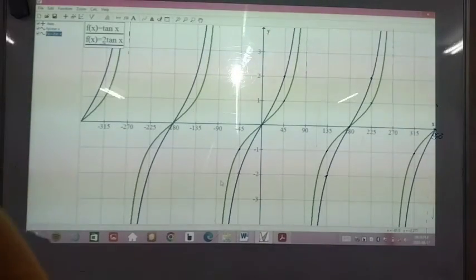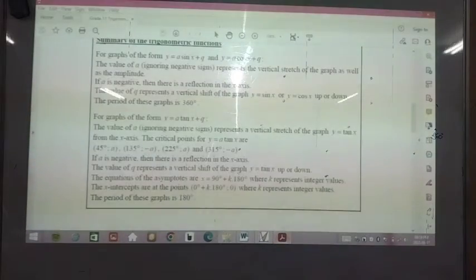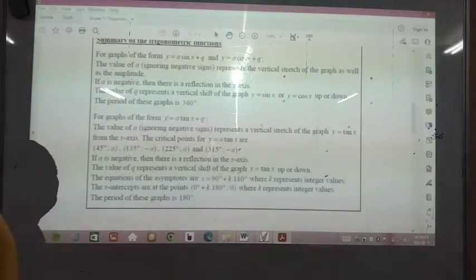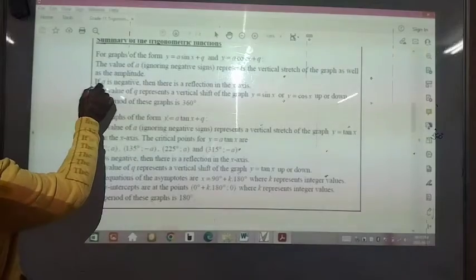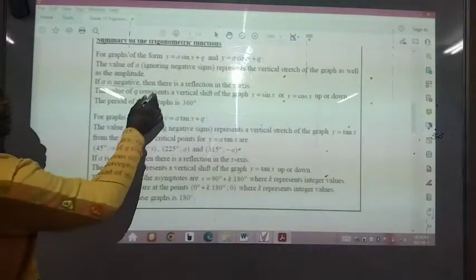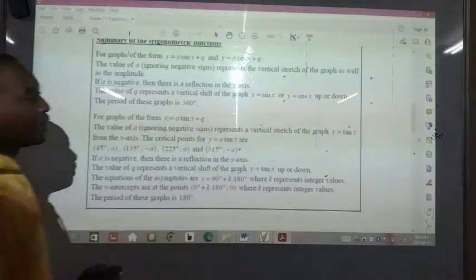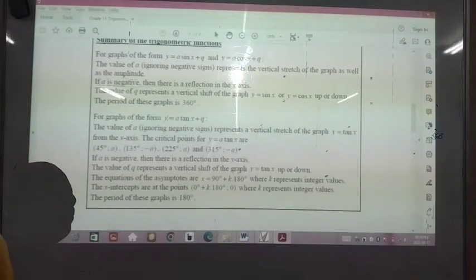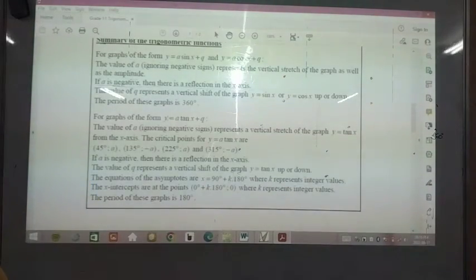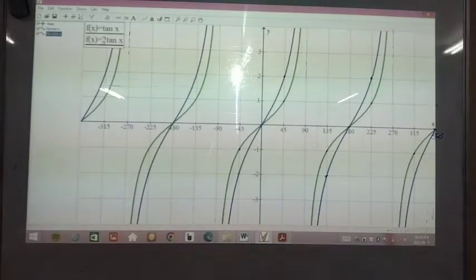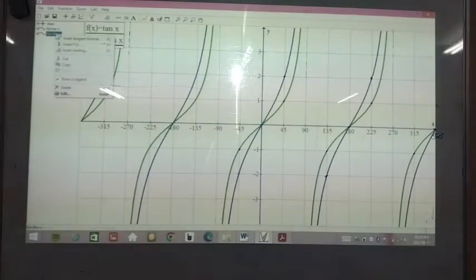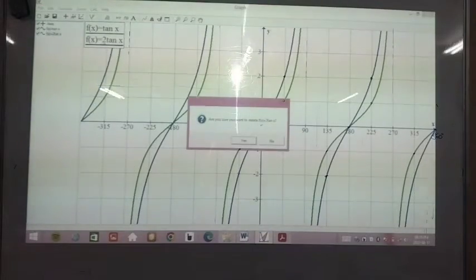But then, if we consider the negative sign, what we are saying is, if A is negative, then there is a reflection in the x-axis. So let's go back to the graphs and try to see the effect of A when it is negative.